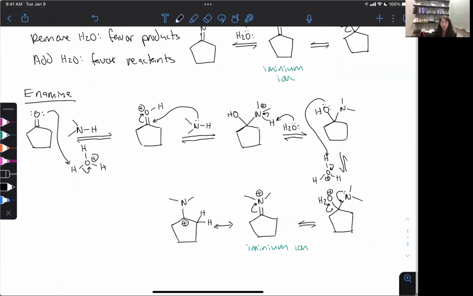As soon as you draw that in, you should be thinking to yourself, that looks like it could just be an elimination reaction. And that's absolutely true. That is exactly what it is. This is pretty much just an E1 elimination, where we're just going to have the water be a base, do that acid-base reaction, and we'll get to our enamine product.